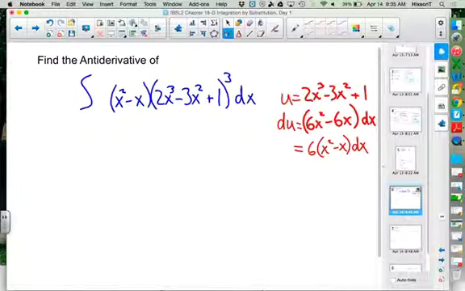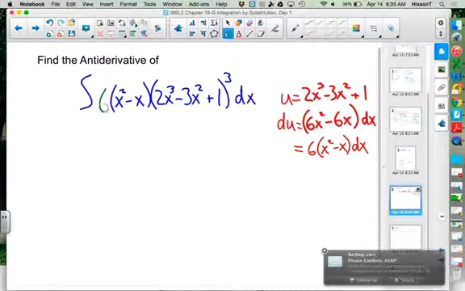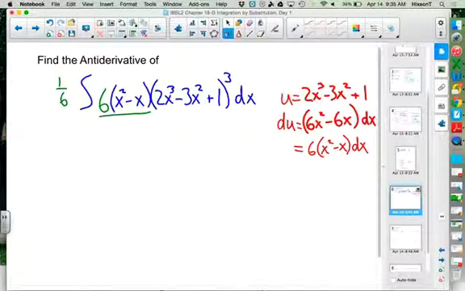Alright, so what do we have to put in here to get our actual du? We multiply by 1/6 on the outside and 6 on the inside. Yeah, we need a 6 there, so we're going to multiply by 1/6, so that we have du right there.